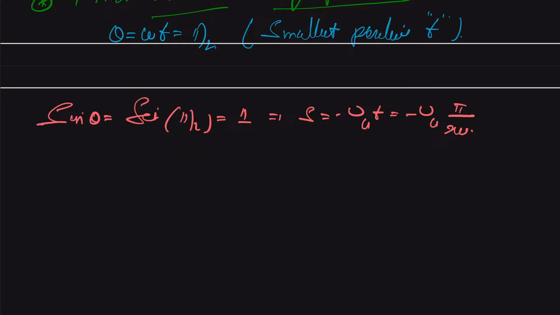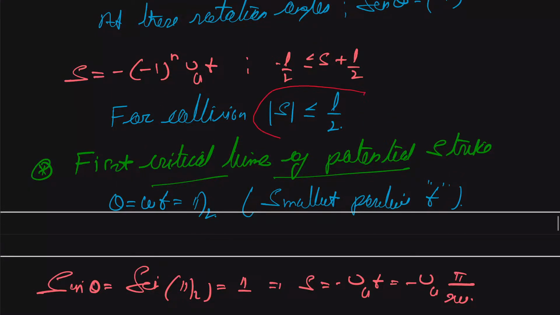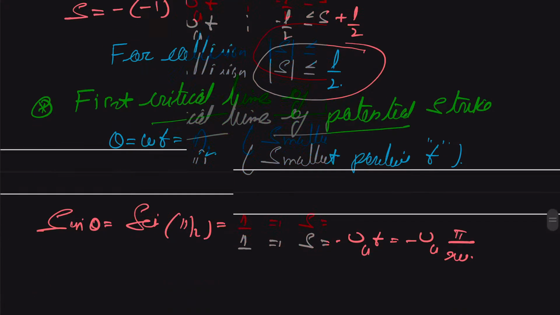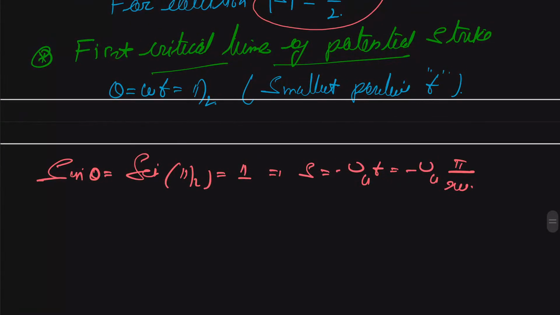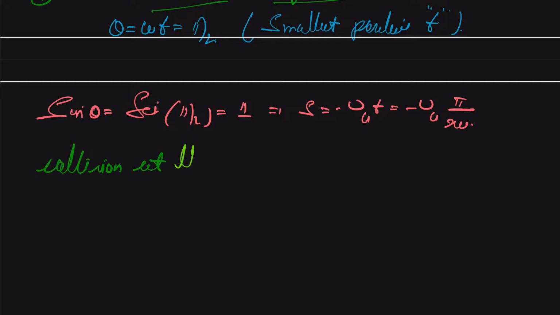And we just wrote that our S should be less than or equal to L by 2 for collision. Okay. Therefore, we can write that for collision at this time, Vg pi upon 2 omega should be less than or equal to L by 2.